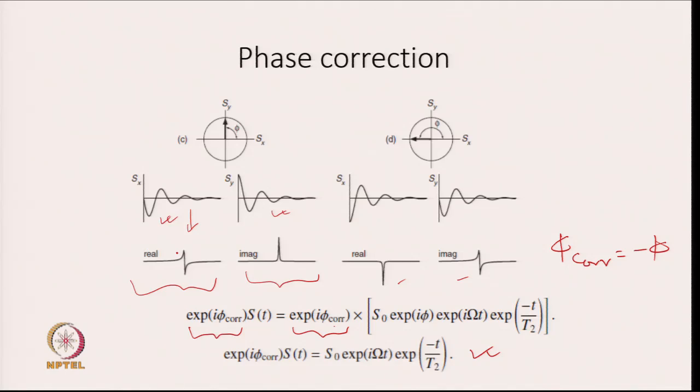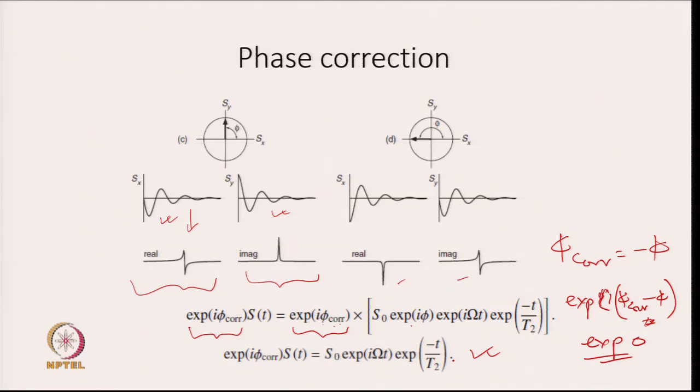For example, in this case phi is equal to 90 degree, then minus 90 degree, then what you will get is exponential i phi correct times exponential i phi, which will be equal to exponential i (phi correct plus phi), that is exponential 0, and exponential 0 is 1, and so your signal is now phase corrected.